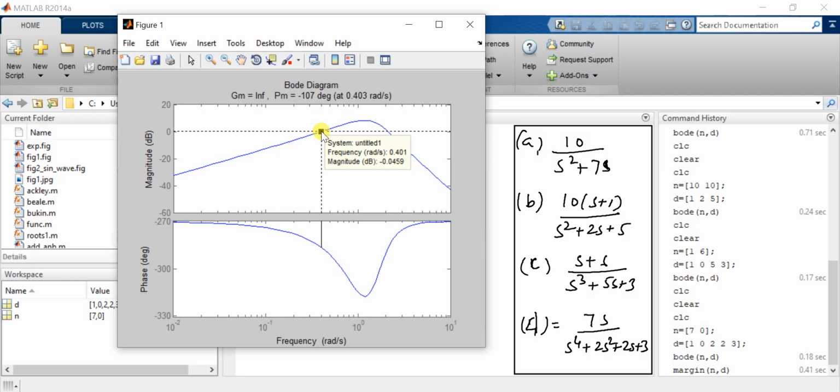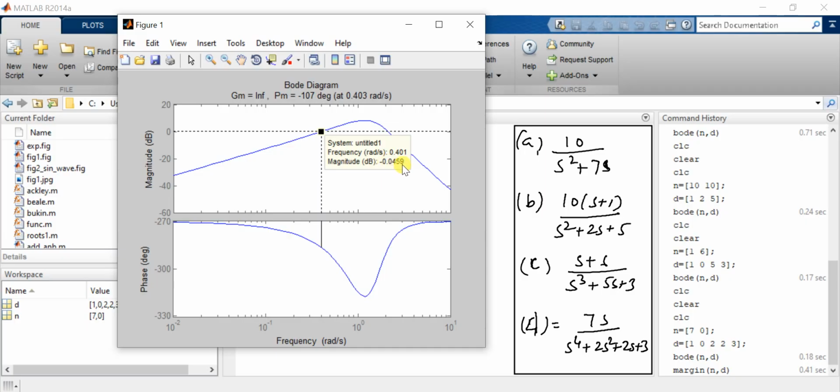So the gain magnitude is minus 0.0459 and the frequency is 0.401 radian per second, and this particular frequency is basically the phase crossover frequency, and as you can see, gm is infinite as the magnitude is nearly equivalent to 0.